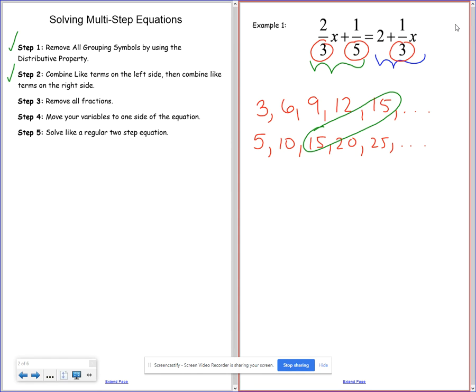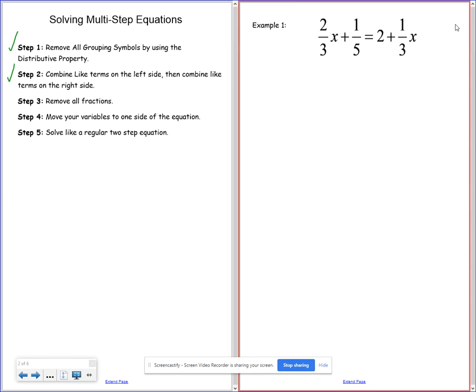So here's what I'm going to do with that. I'm going to use 15 to get rid of all the fractions. I'm going to take this entire equation and multiply it by 15. So I'm going to multiply everything in this equation by 15. That's going to get rid of all the fractions.